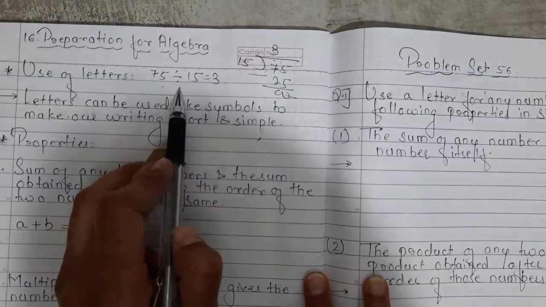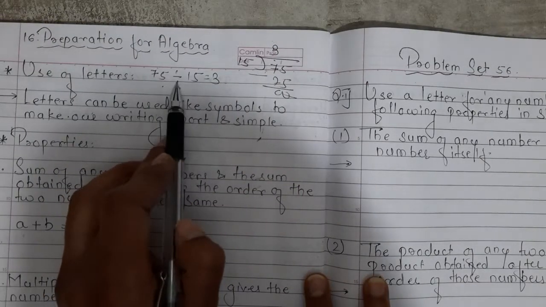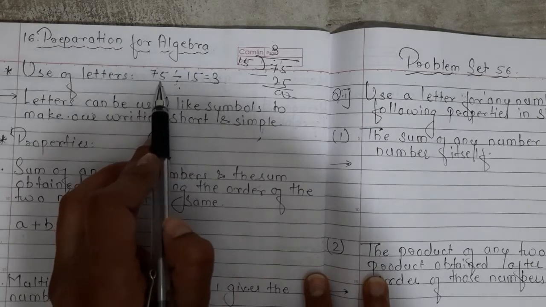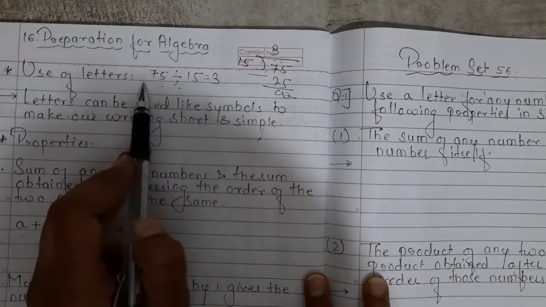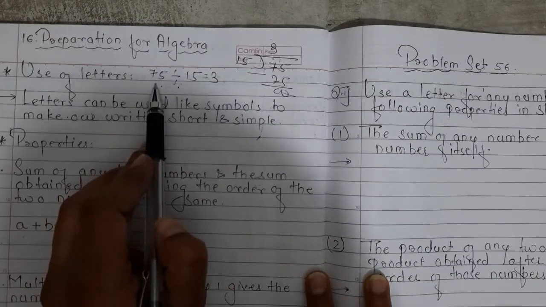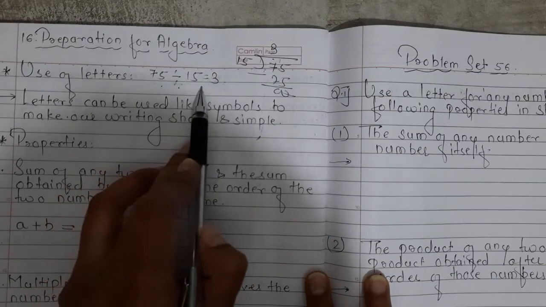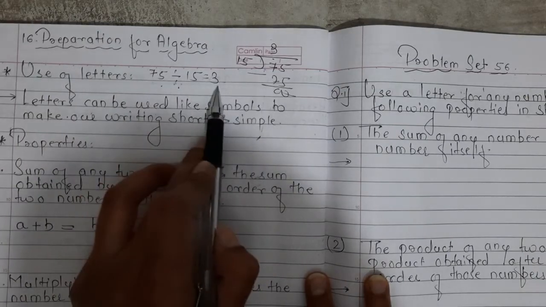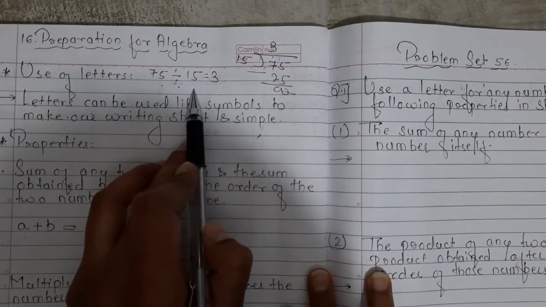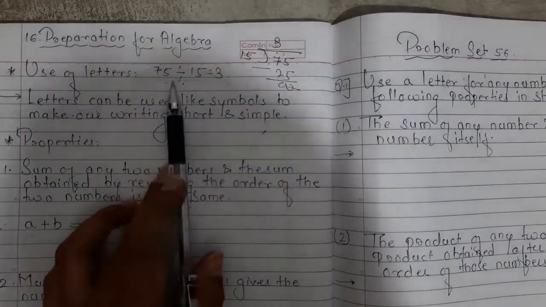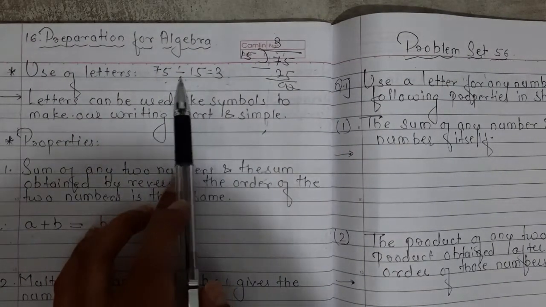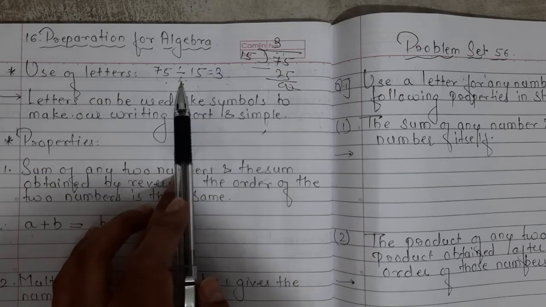See, I have used here the symbol, the sign of division. With the help of this sign, you come to know easily that here it is a division. So it made my writing short and very simple. We use symbols for making our writing short and simple.